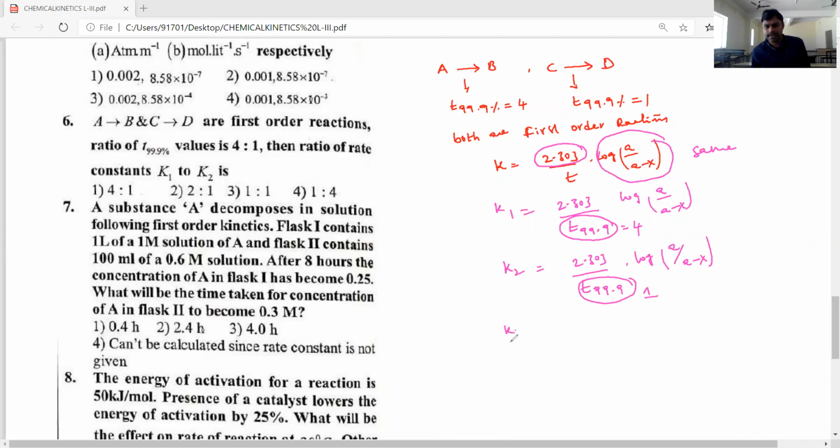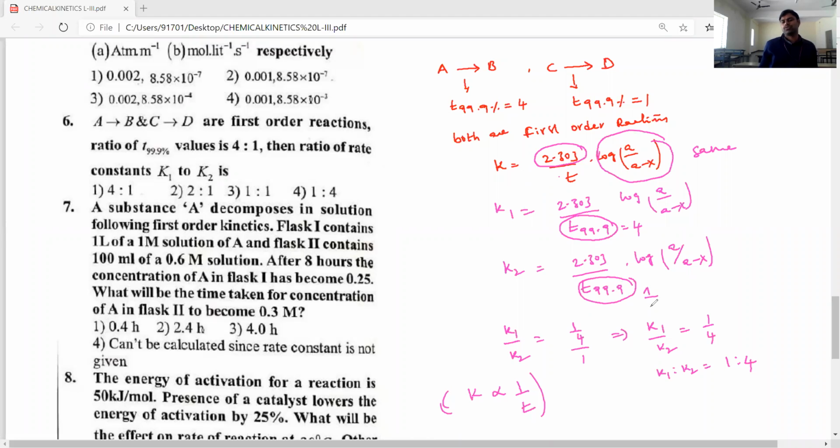Then K1 by K2 is equal to 1 by 4, so K1 is to K2 is equal to 1 is to 4, because for first order reactions K is inversely proportional to T. K is inversely proportional to T because 2.303 by T and A by A minus X are all constant and the same.